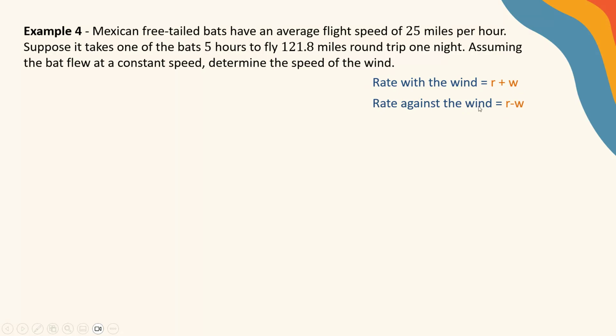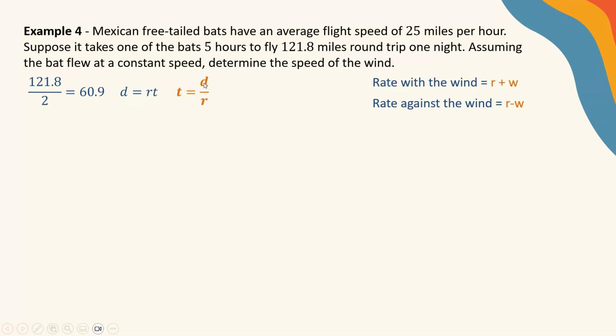The rate against the wind would be 25 minus your wind speed. And since the round trip is 121.8 miles, we want to divide that by 2 to figure out the distance for one way. So one way is 60.9, and distance equals rate times time.